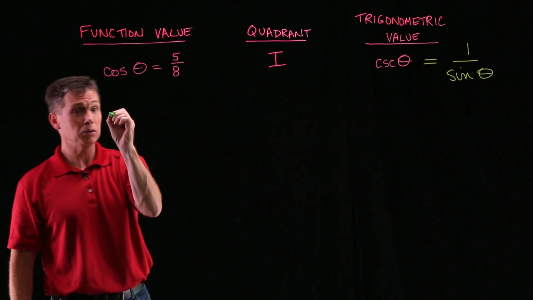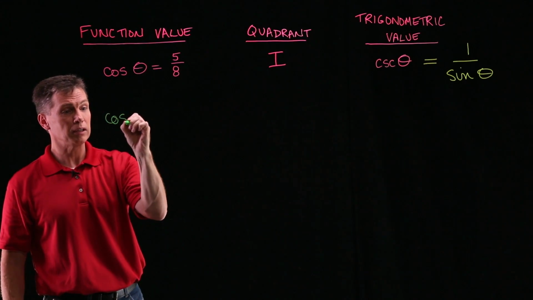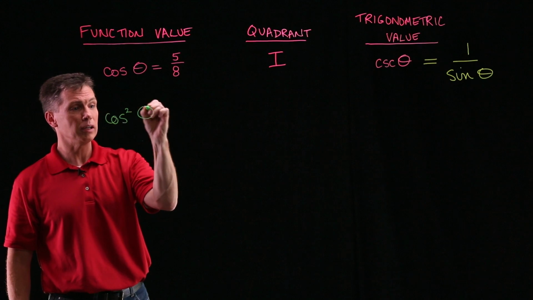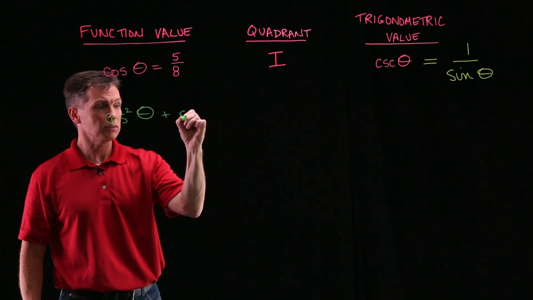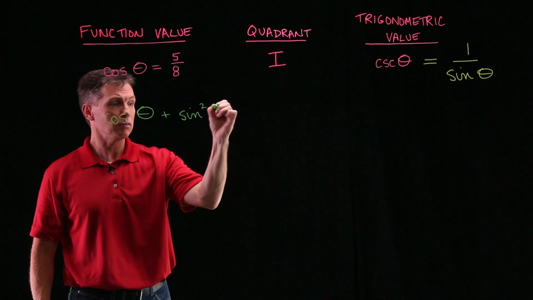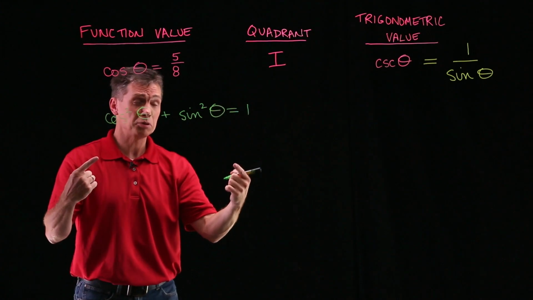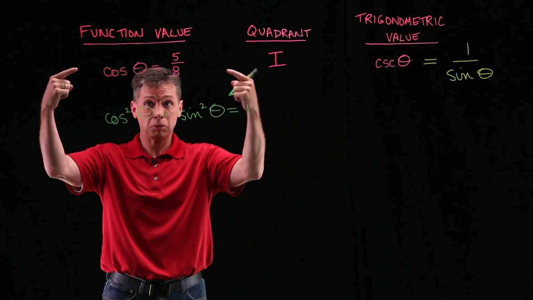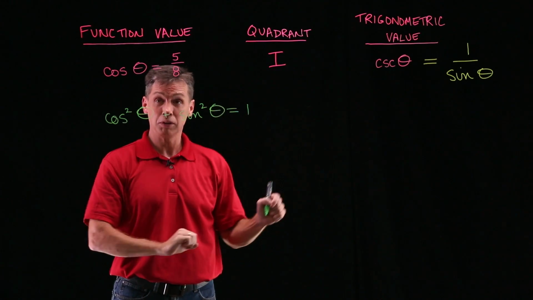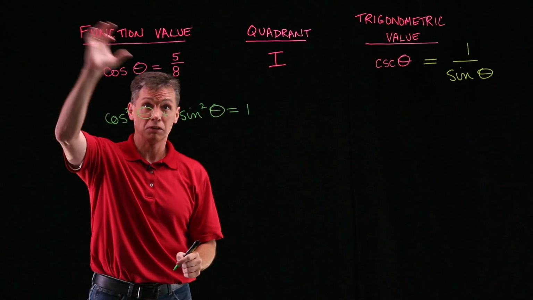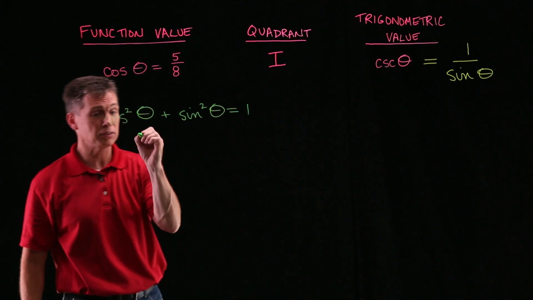So what you should know is that the cosine squared of theta plus the sine squared of theta always equals 1. This relationship between sine and cosine is going to take me from what I know to what I want. Now I'll plug in just this one value of 5/8.